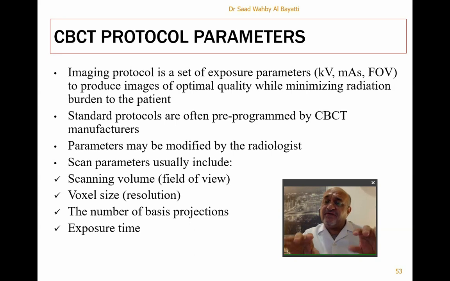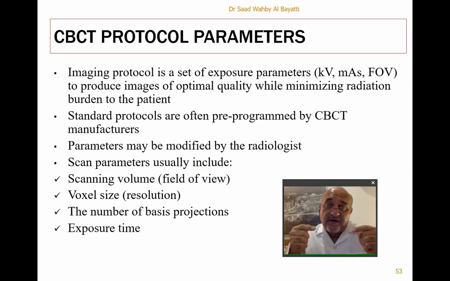Some of the machines are controlled from the machine itself, others are controlled from the computer, depending on the setup of the machine. Parameters may be modified by the radiologist, usually the scanning volume, which is most important, the field of view, if it is allowed to be controlled, and the voxel size, that is resolution.